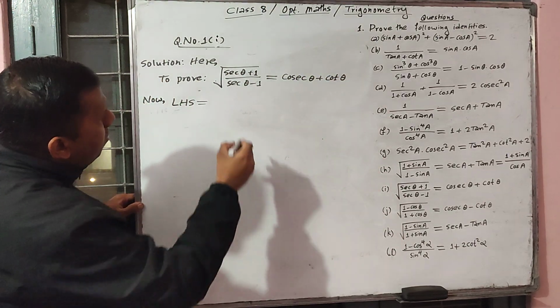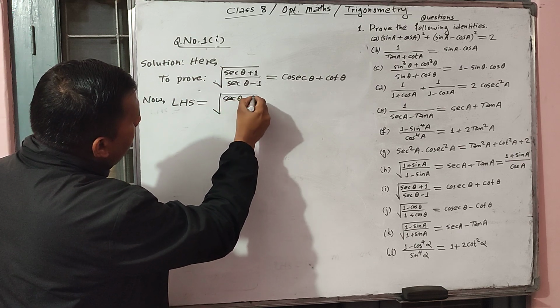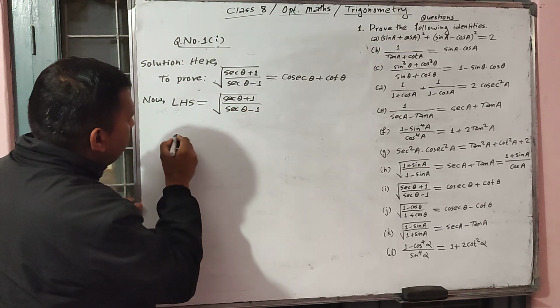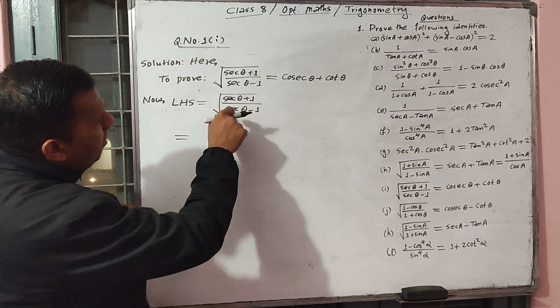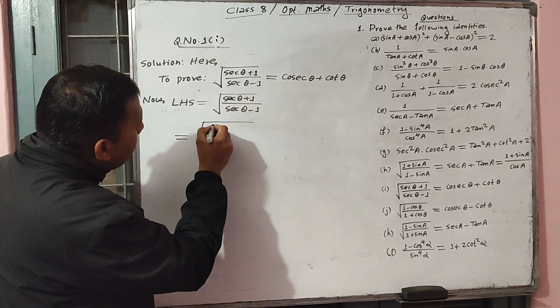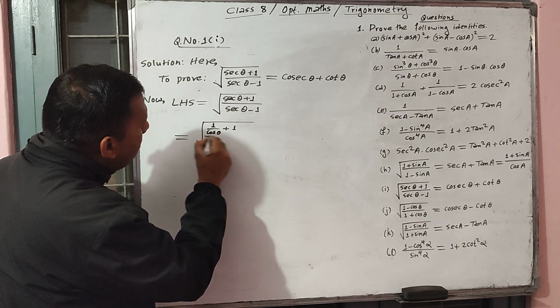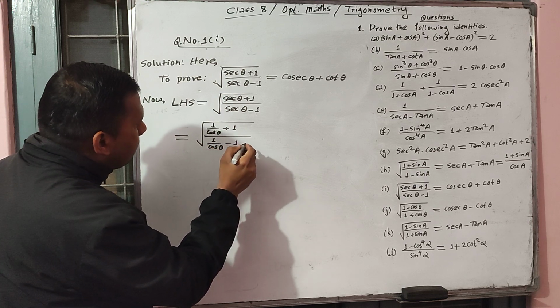Now, here it is equal to the square root of (sec theta plus 1) whole upon (sec theta minus 1). First step, convert sec in terms of cos. So we can write the square root of (1 upon cos theta plus 1) whole upon (1 upon cos theta minus 1).